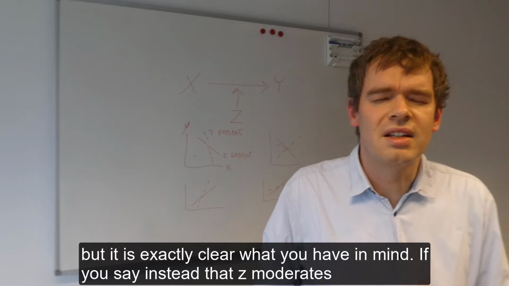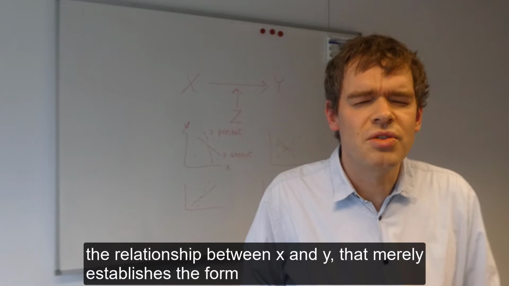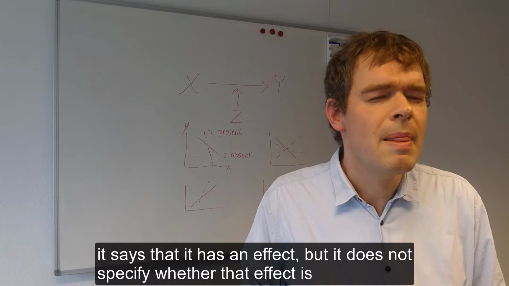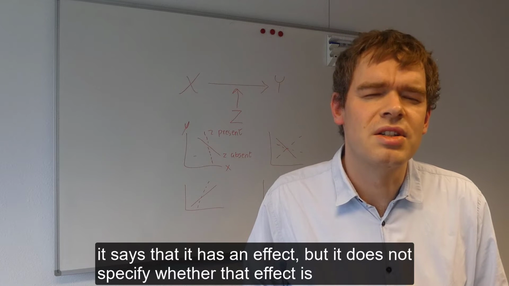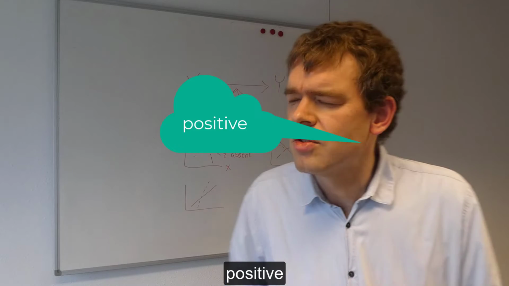If you say instead that Z moderates the relationship between x and y, that merely establishes the form. It says that it has an effect, but it doesn't specify whether that effect is more or less strong.